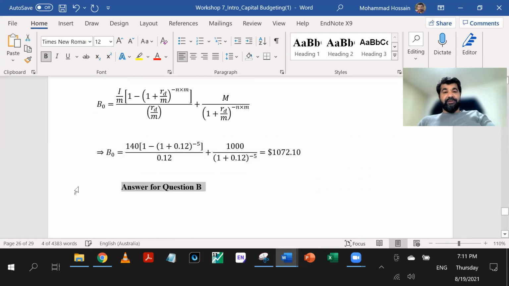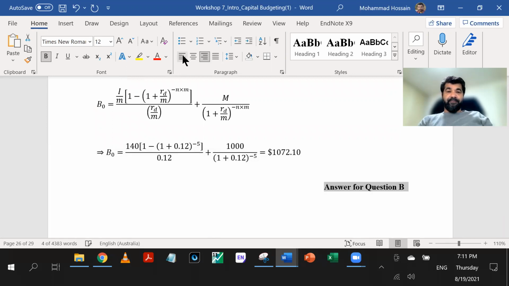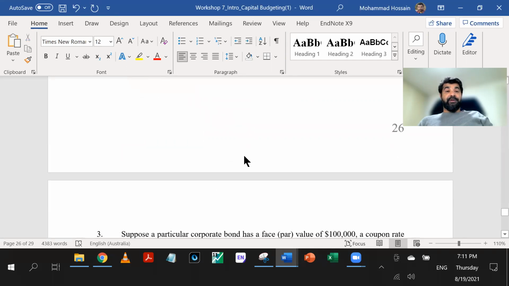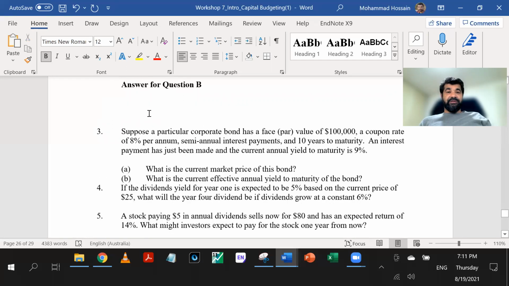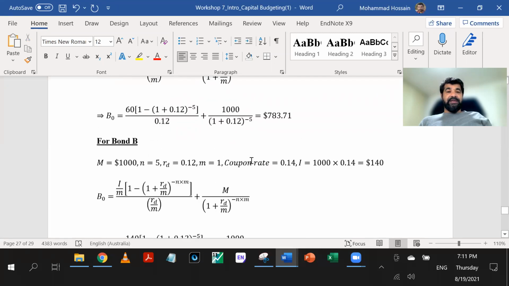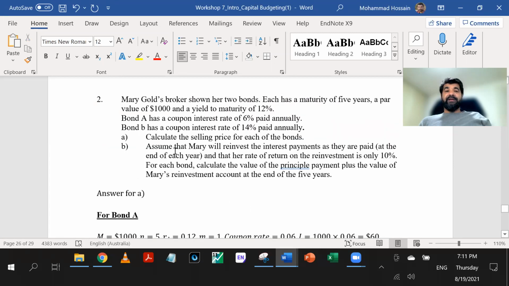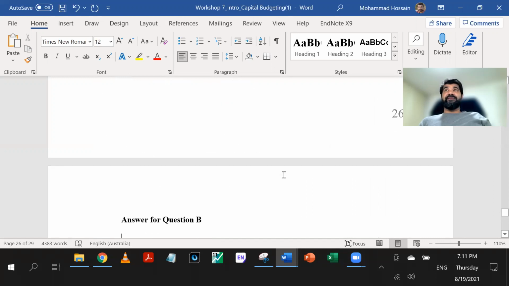Answer for question B. All right, so here we have to calculate the future values. This says here that her rate of return on investment is only 10% for each bond. After 5 years, you have to calculate the future values.